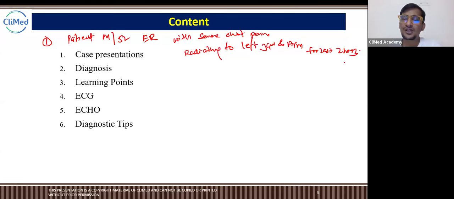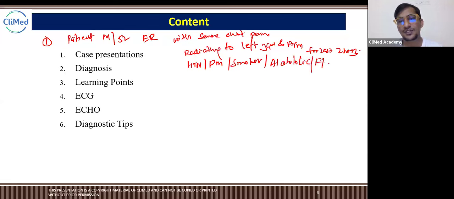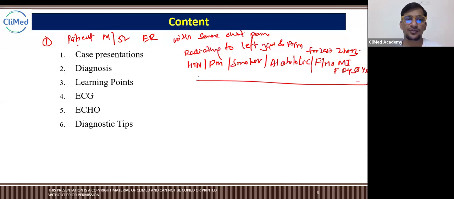The patient is hypertensive, diabetic, a smoker and alcoholic, and has a family history of MI. Father died at the age of, suppose, 50 years. You have the history, everything you have with you. So my first question with this case report is, what is the diagnosis of this case?